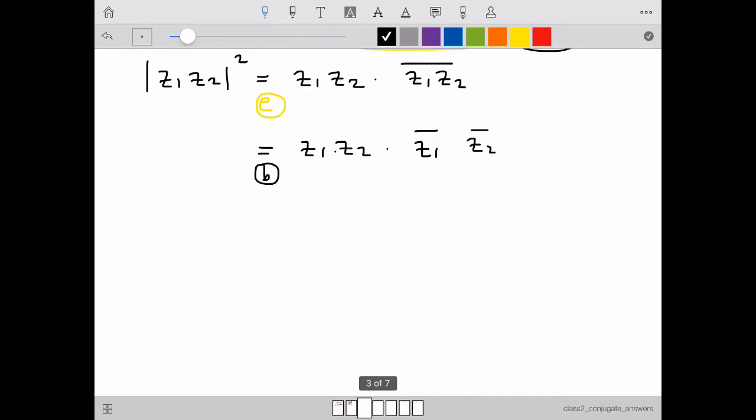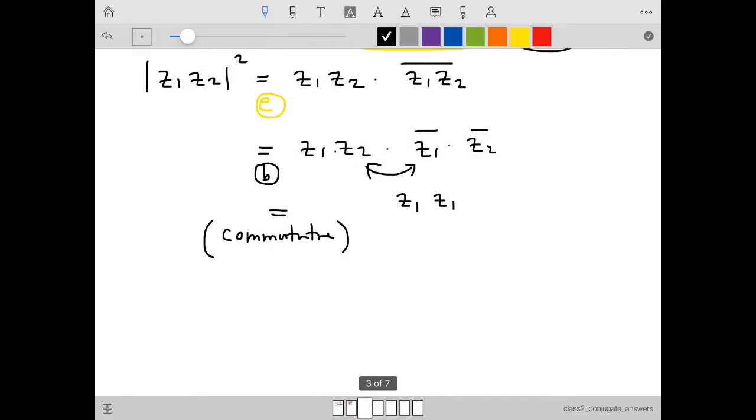And all these are multiplications, and we can switch the order of multiplication by commutative law in the multiplication. So we can switch the order of these two things.